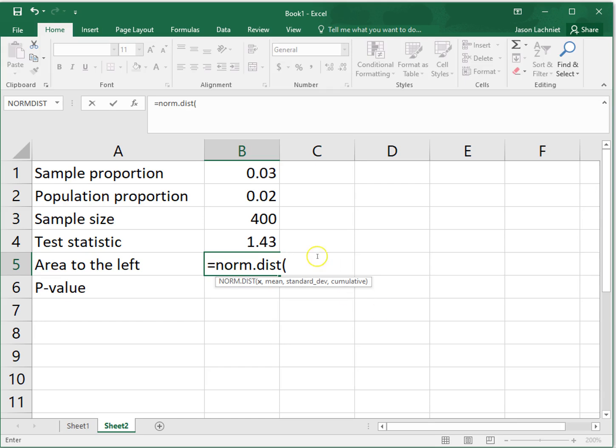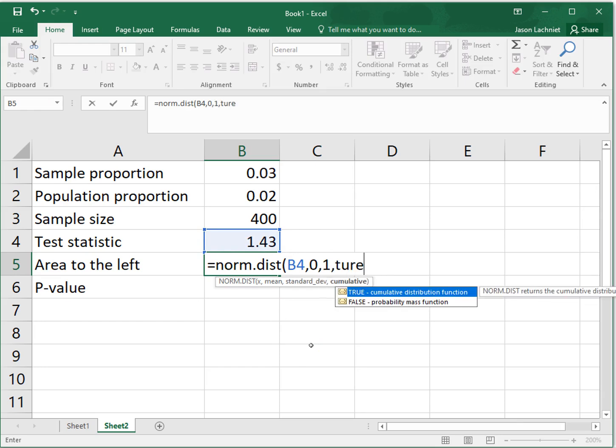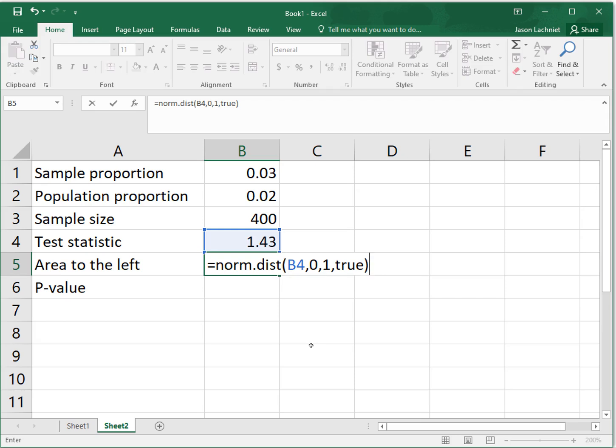And we give it the test statistic as our input, mean 0, standard deviation 1, and the option true. So when I use this norm.dist function to get an area corresponding to a z-score, all I have to do is give it the z-score, comma 0, comma 1, comma true. 0 and 1 correspond to the mean and standard deviation of the standard normal distribution.